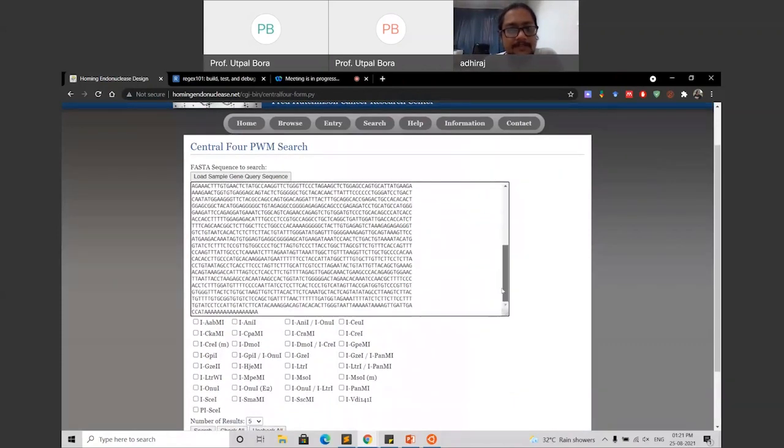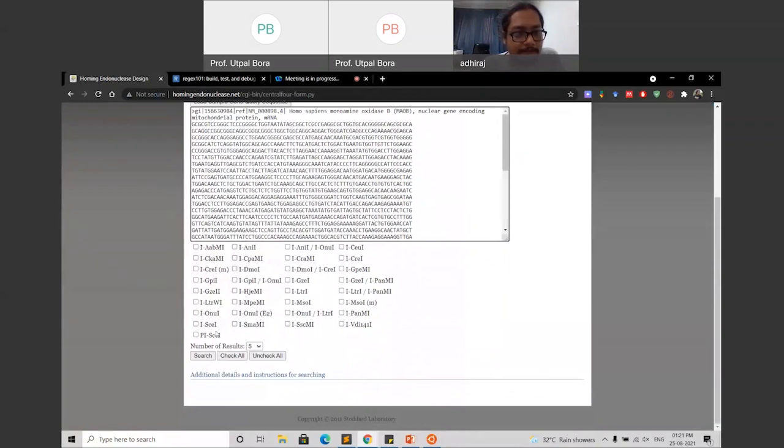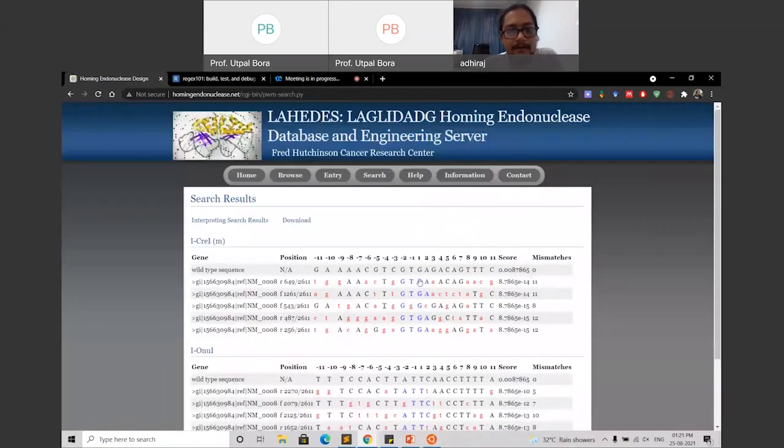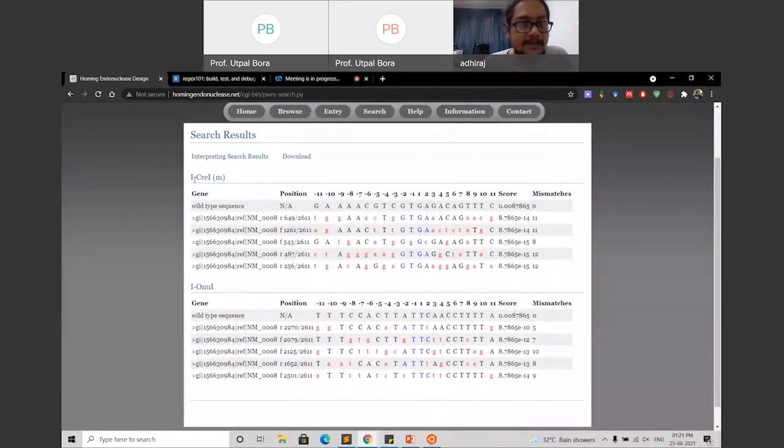If we have a gene target like this, and we want to see if it has sites for ICRE or ONUI, we can just confirm it by clicking search, right? For this, as they have shown, these are the places that have a similar sequence to the one we entered, based on that ESW. So GTGA, and in the wild type there is also GTGA. Just like that, they search for the whole thing and give you the result.